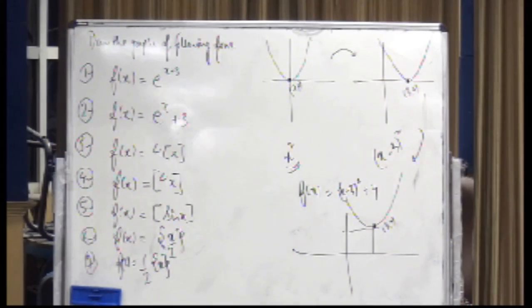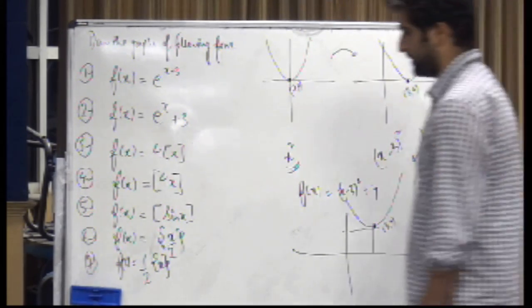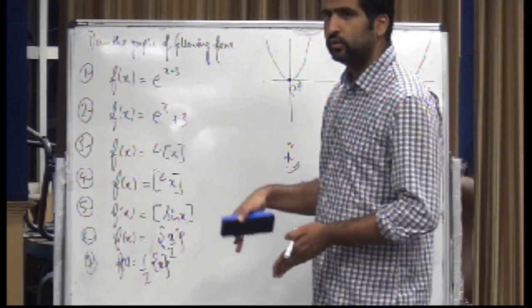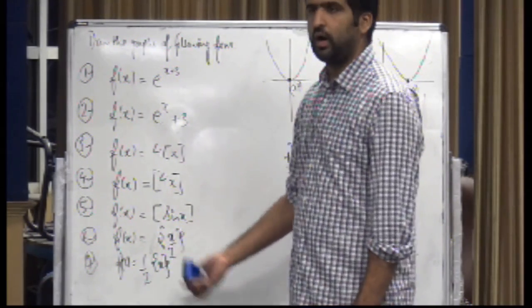So try these 7 graphs. The last two are fractional part of x by 2, and half of fractional part of x.